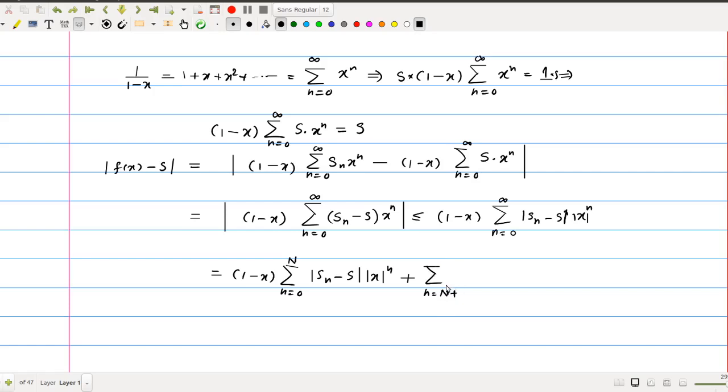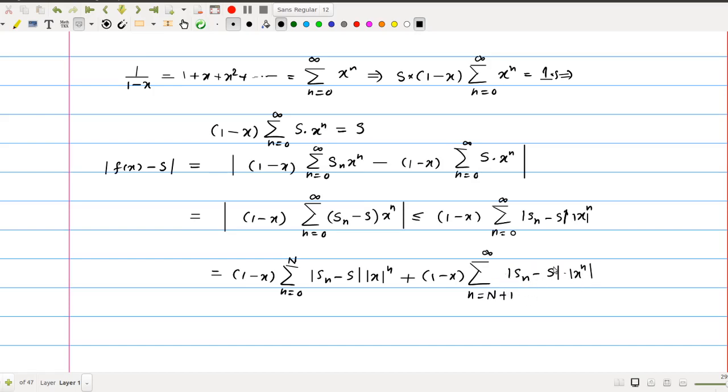So we write 1 minus x times 1 minus x times the summation from n equal to N plus 1 to infinity of |Sn minus s| times |x| raised to n.